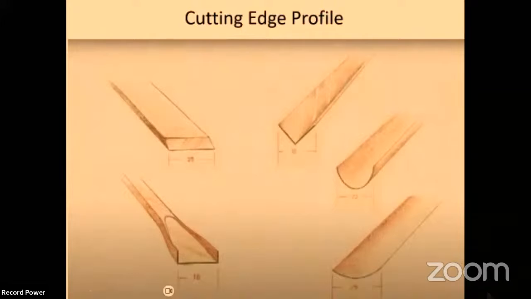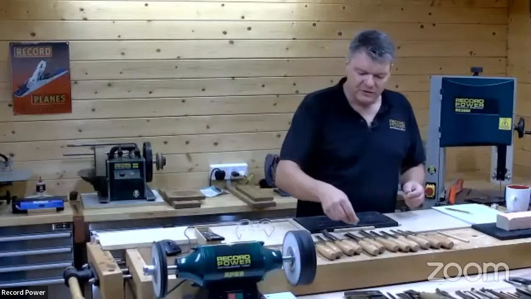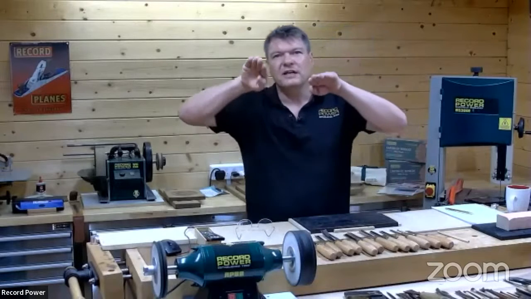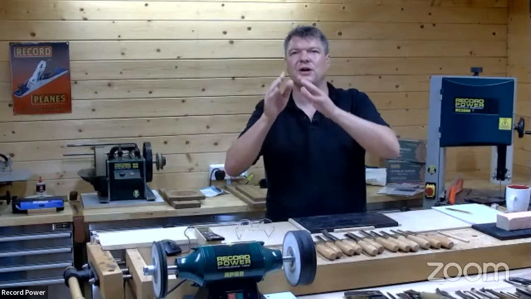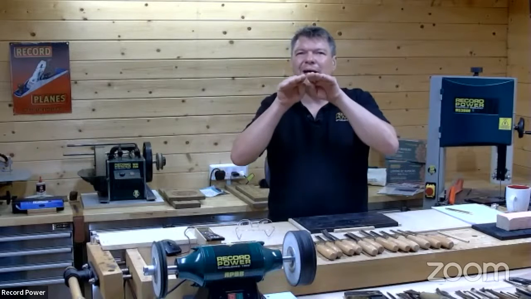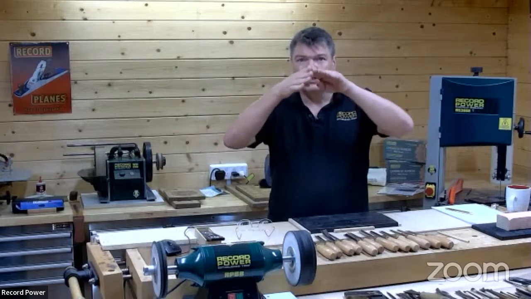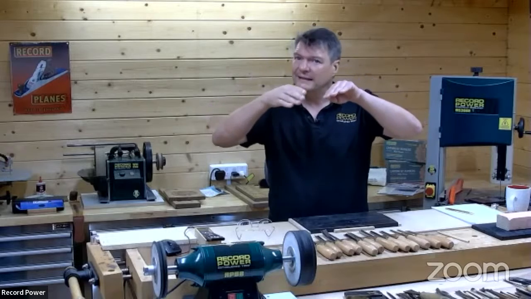Next we have a gouge. See this gouge here? All right, so a gouge is a carving tool which is formed by different diameters of a circle. And that's from anywhere nearly flat to a full radius circle.